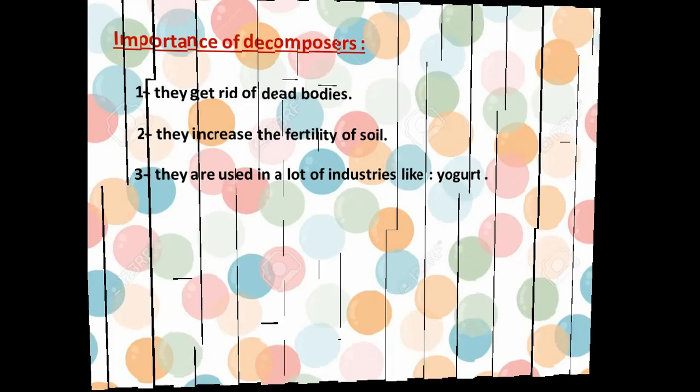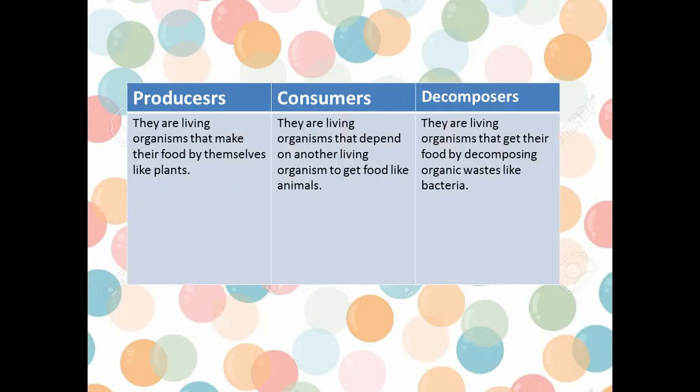Okay, now let's compare between the three types of living organisms together: producers, consumers, and decomposers. We said that producers are living organisms that make their food by themselves. They are the only living organisms that can make their food by themselves, like plants. Number two, consumers.